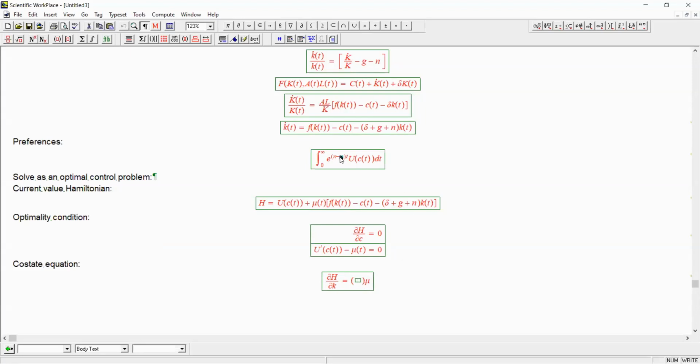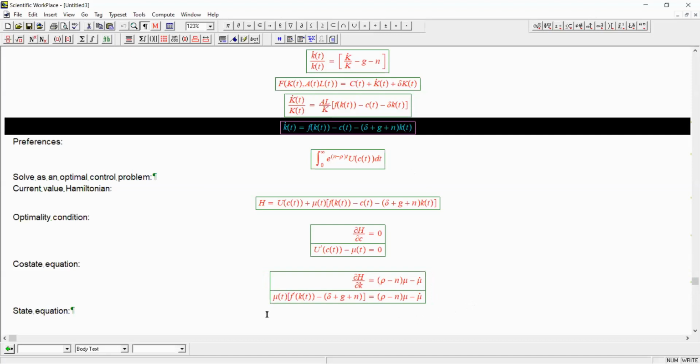So actually the discount rate is not rho, it's rho minus n, minus mu dot. So now let's evaluate that derivative. Capital doesn't show up here. Here we get f prime, here we get 0, and here we get these constants. Finally, our state equation is just this.